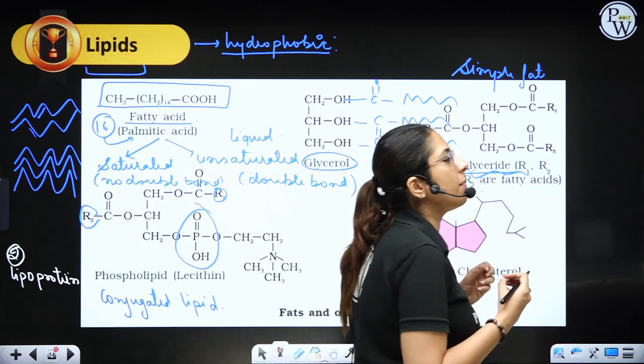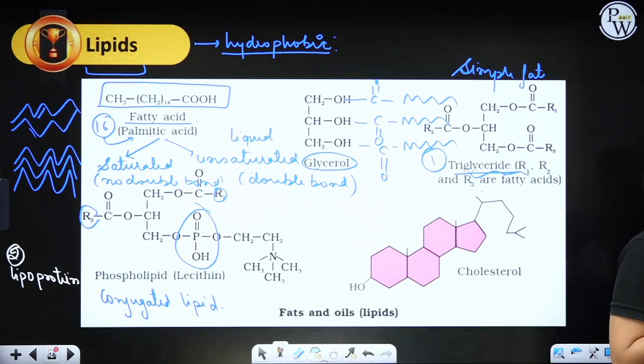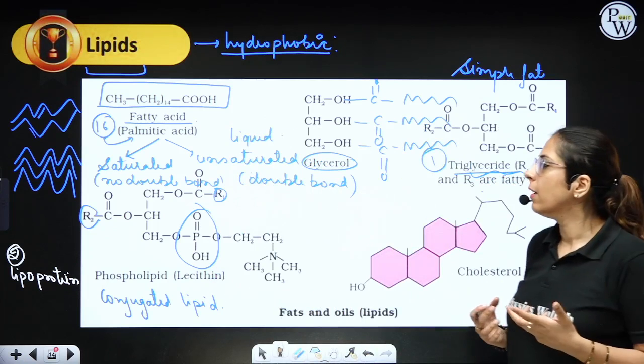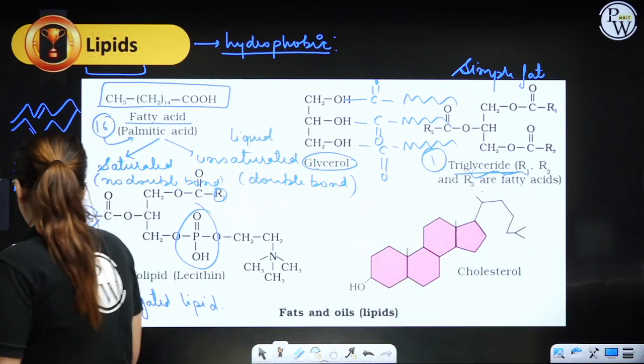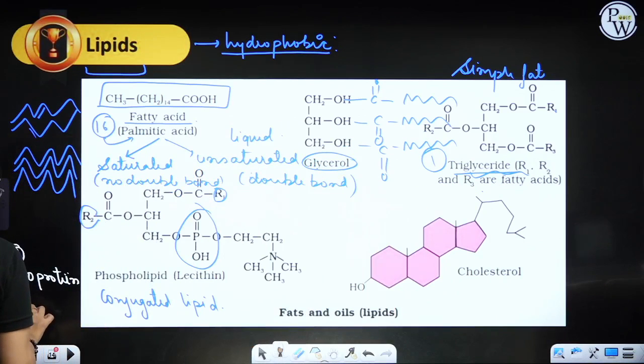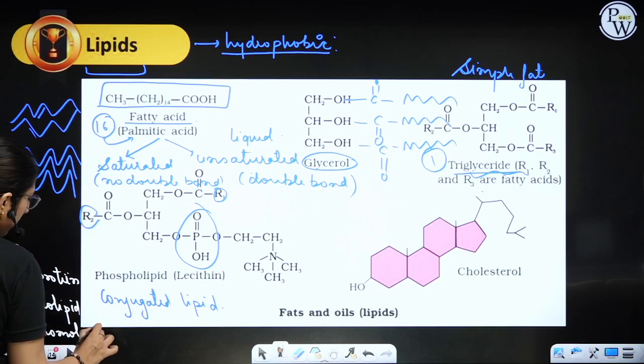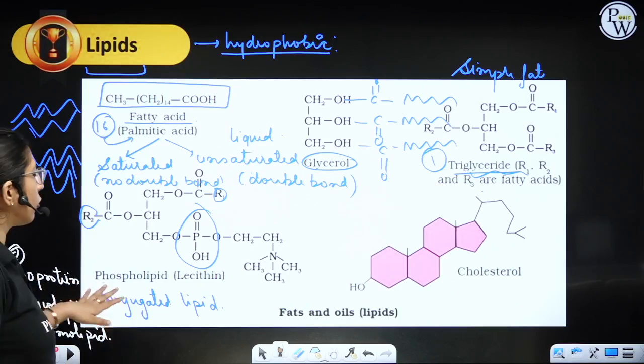Sometimes some nucleic acid is attached to them. So accordingly, different names are given. Glycolipids are there, and the fourth one is the chromolipid. Clear? So conjugated is done.